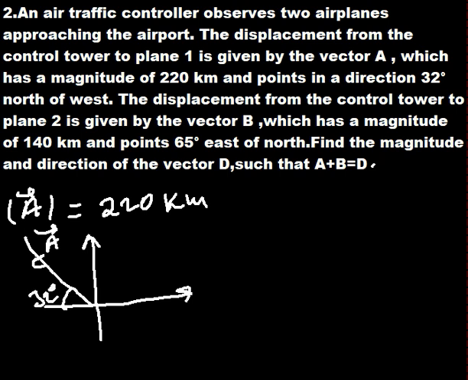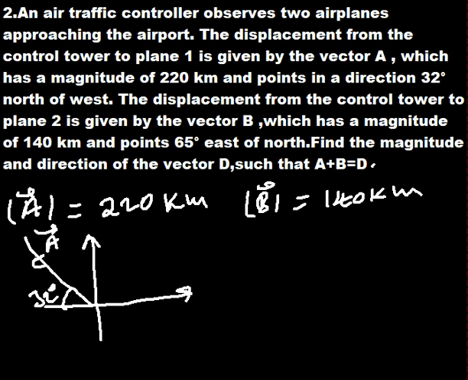We write that. And the displacement from the control tower to plane 2 is given by a vector B, which has a magnitude of 140 kilometers, and points 65 degrees east of north.